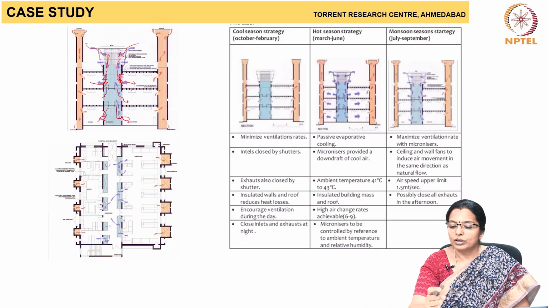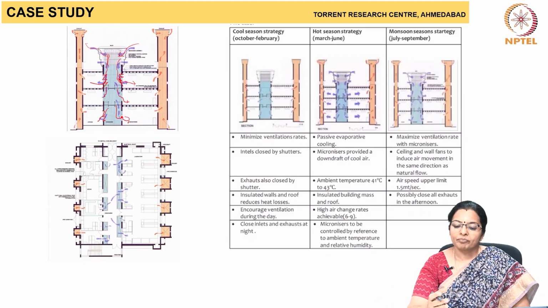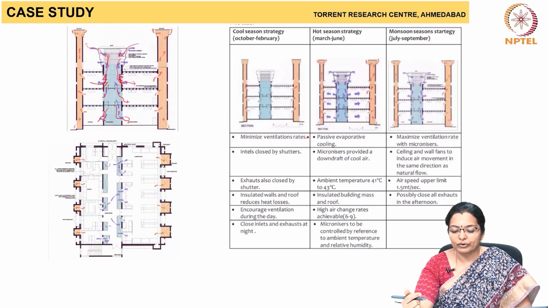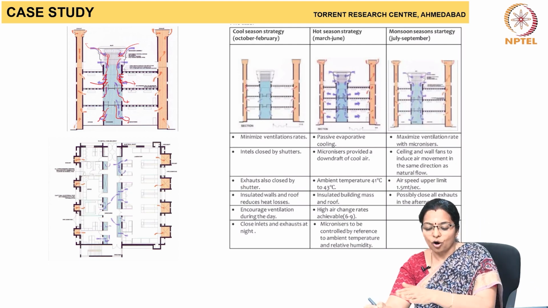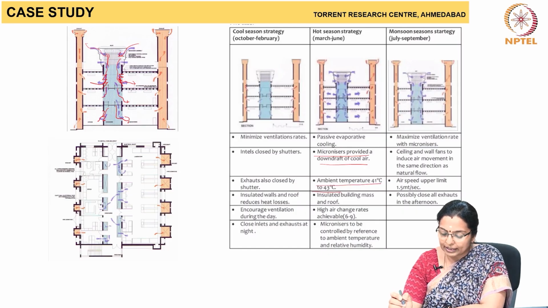So how does this PDEC function during the 3 seasons? During the cold season, this minimizes ventilation rates because there is no movement of air. The inlets are closed by shutters and therefore there is no air movement. Whereas in the hot season, the micronizers get activated because the ambient temperature is 41 degrees to 43 degrees centigrade.